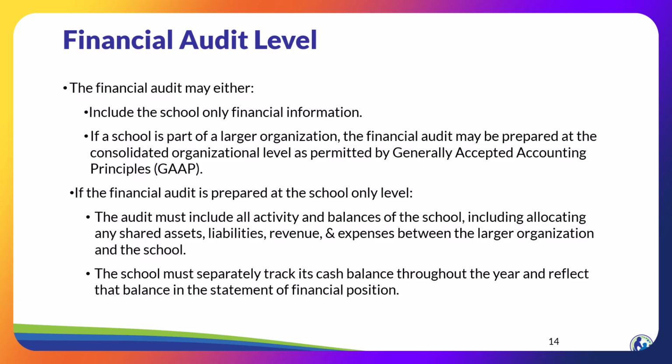If the financial audit is prepared at the school only level, it must include all activity and balances of the school, including allocating any shared assets, liabilities, revenue, and expenses between the organization and the school. The school must track the school's cash balance throughout the year and reflect that balance in the statement of financial position.